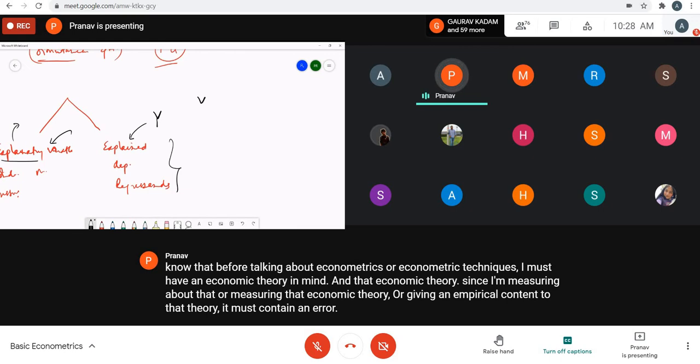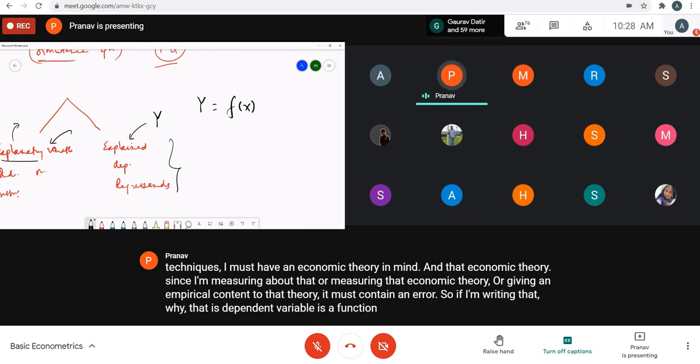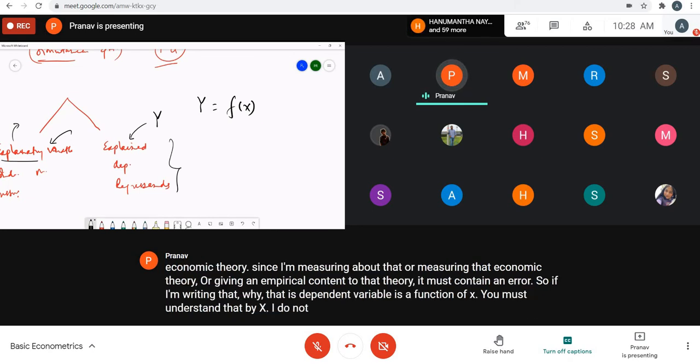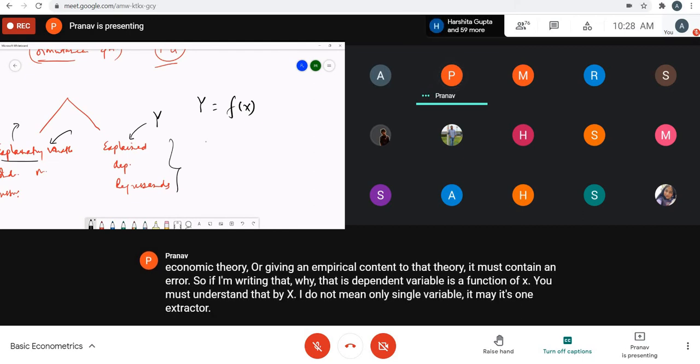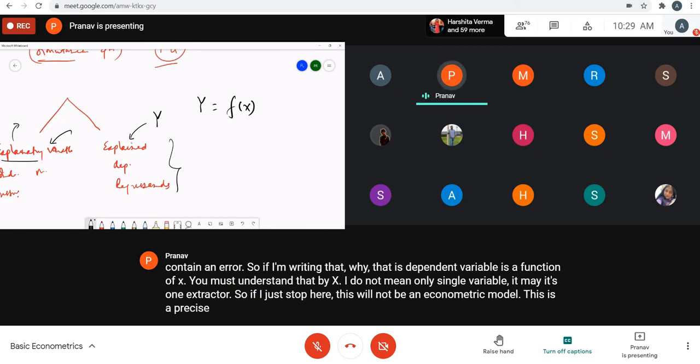So if I'm writing that y, that is dependent variable, is a function of x, you must understand that by x I do not mean only a single variable, it may be x1, x2, x3, जितना भी आप सोच सकते हो. And if I just stop here, this will not be an econometric model. This is a precise relationship and it's called a mathematical model.